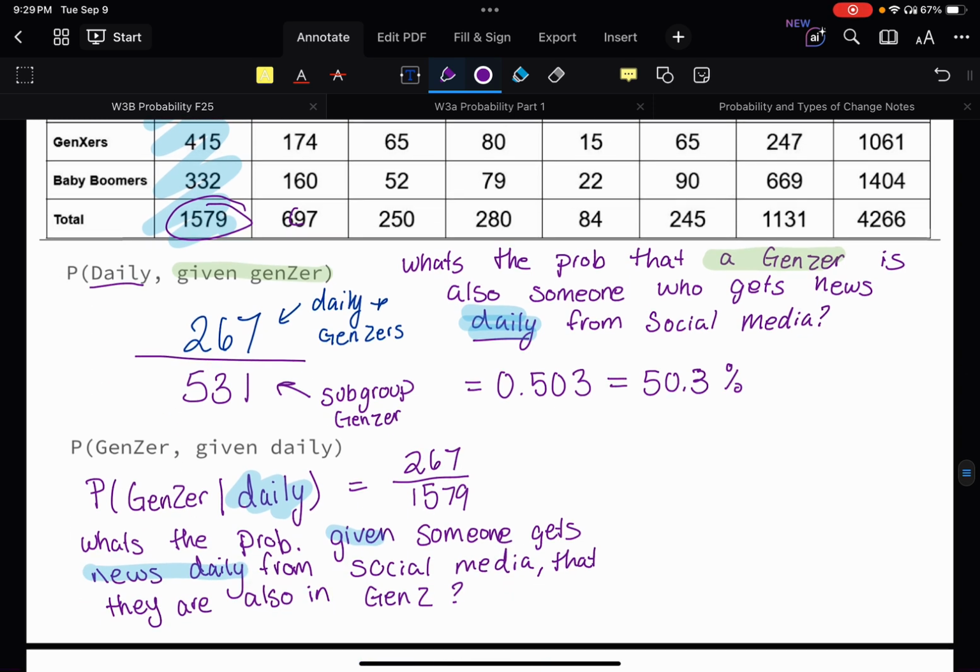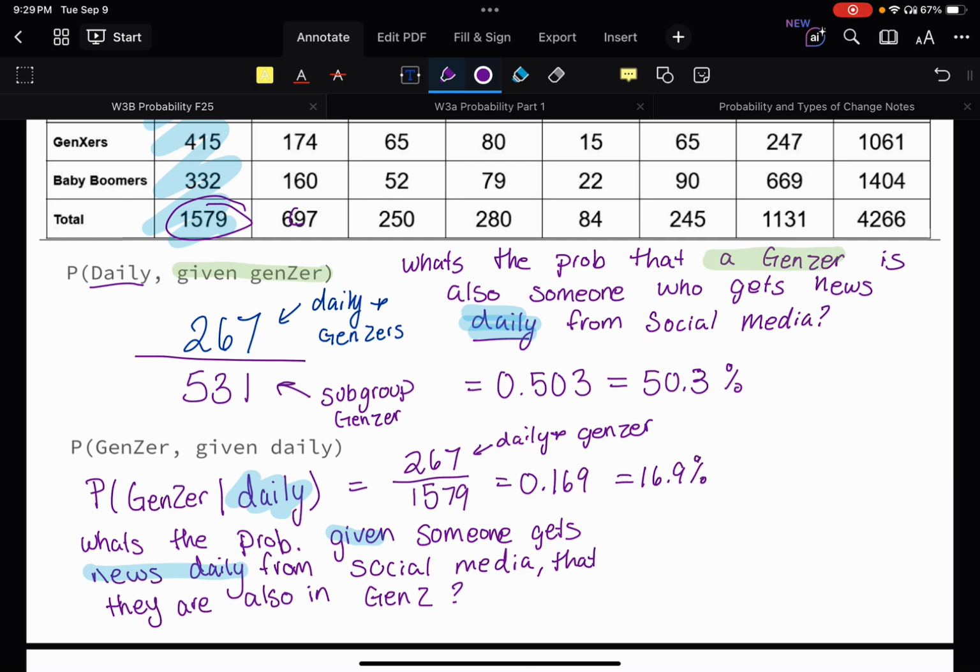And so we pull that total from the daily group. But you'll notice that the numerator is actually the same as the other one, because remember that this is still the daily Gen Z number. And this comes out to a decimal 0.169, so that's about 16.9%.